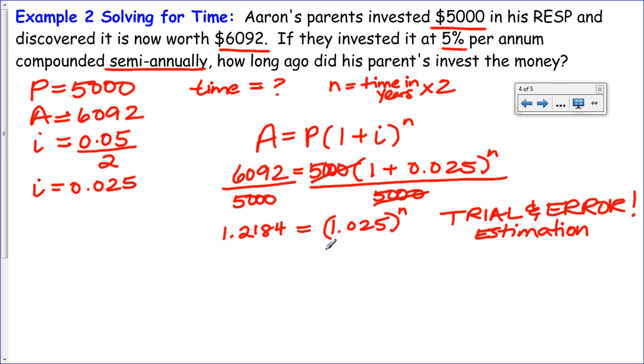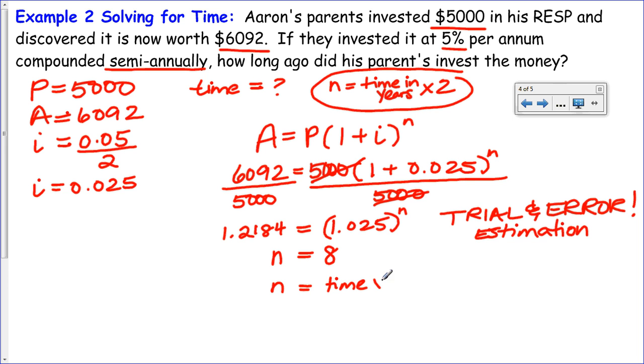So after sitting there with the calculator and trying out different values, you'll find that the number that works the best is n equals 8. So what does that mean? If I look back up here, 8 is not the answer. I want time in years. N simply represents the number of times Aaron got interest on that money over the time period. So I know that N is equal to time times 2.